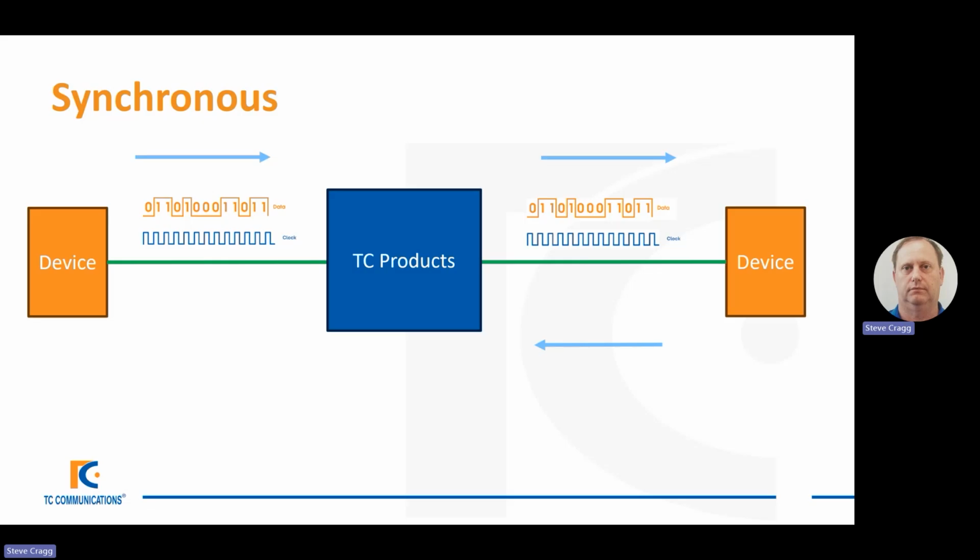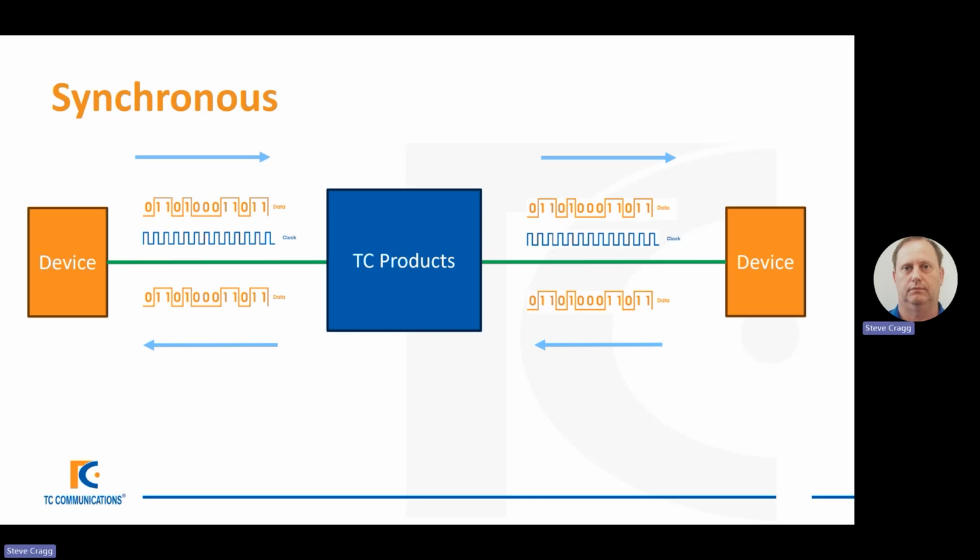And data going back, this data goes back and it is synchronized with the incoming clock, and the data going back is synchronized again with the clock on the left.